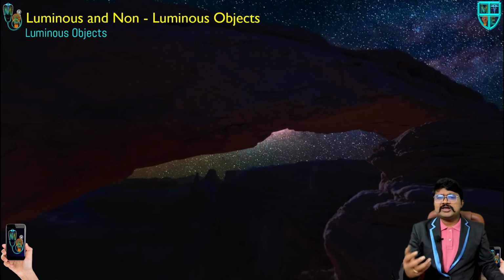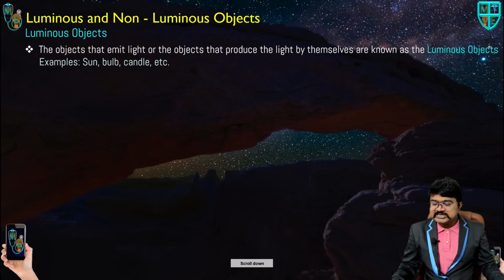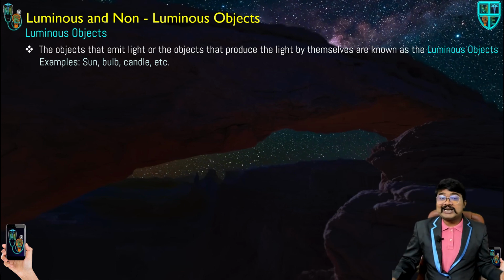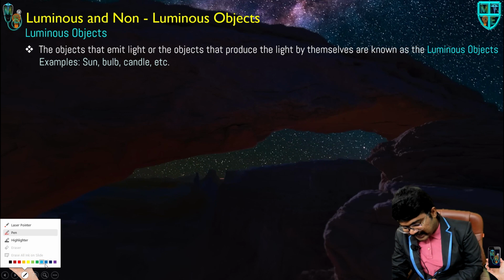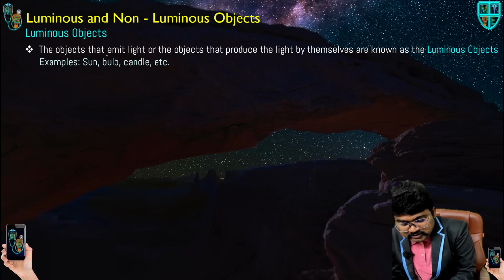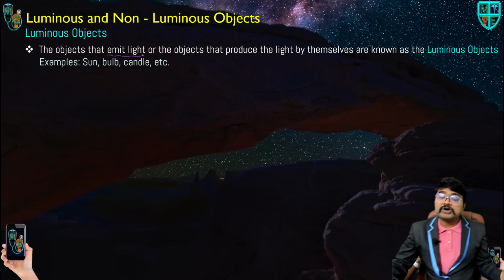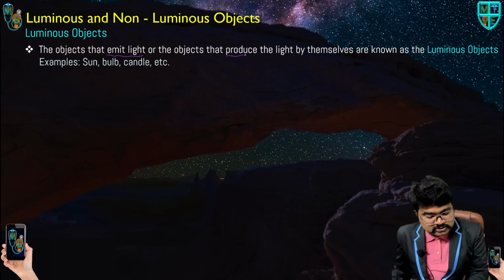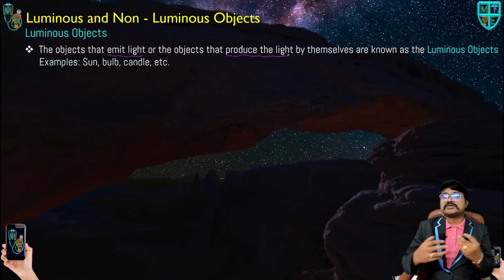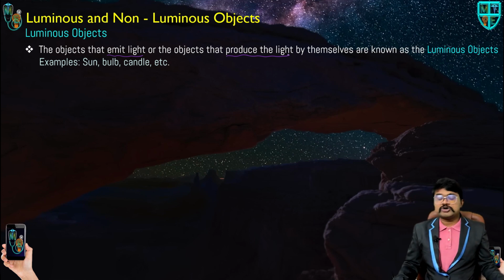What is meant by luminous objects? The objects which emit light, or the objects which produce light by themselves, are known as luminous objects.